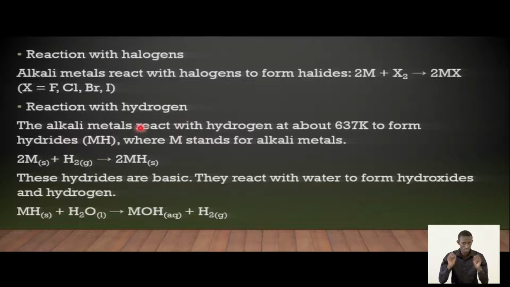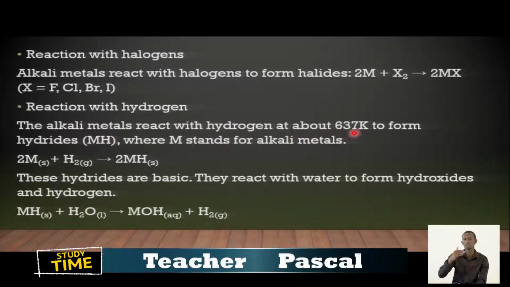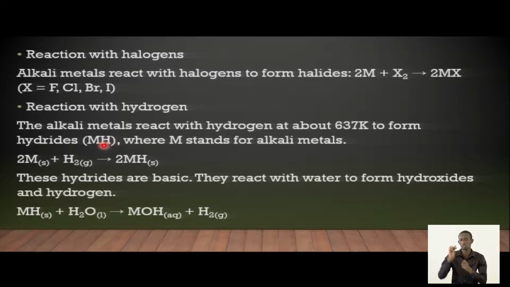Okay? The alkali metals react with hydrogen at that relatively high temperature to form metal hydrides with this general molecular formula, MH, where M stands for the alkali metals. So we have 2M in the solid state reacting with hydrogen in the gaseous state to produce 2MH in the solid state.